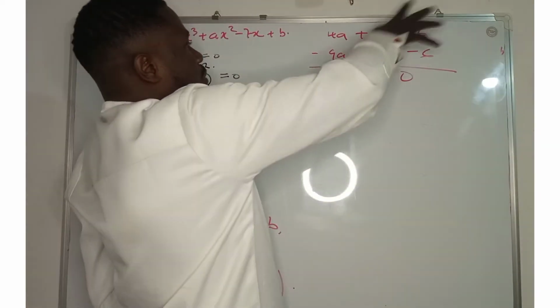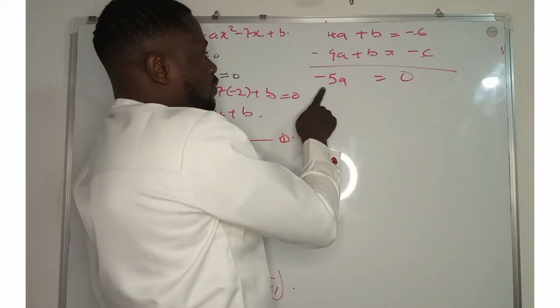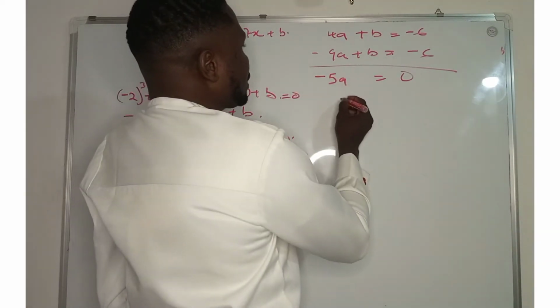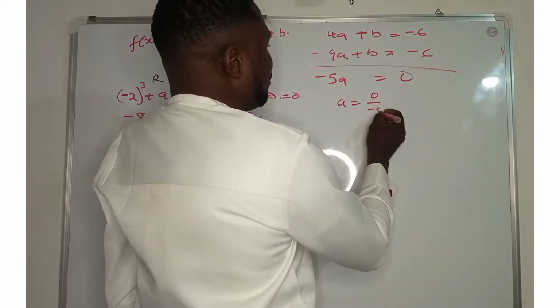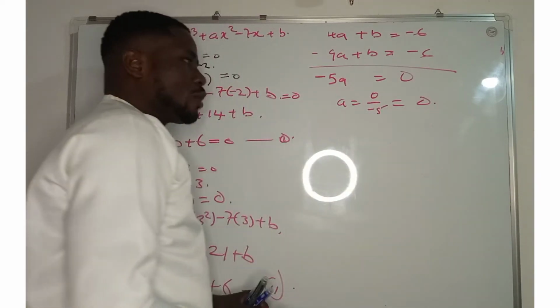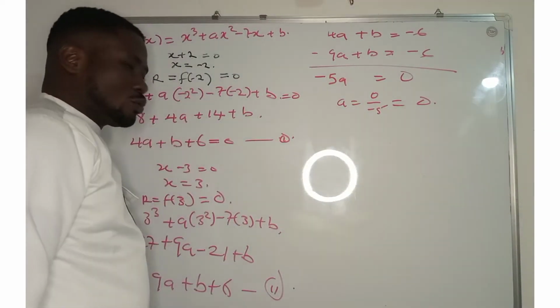So we now have minus 5a equal to 0. At this point, we can say a is equal to 0 over minus 5, and a will be 0.